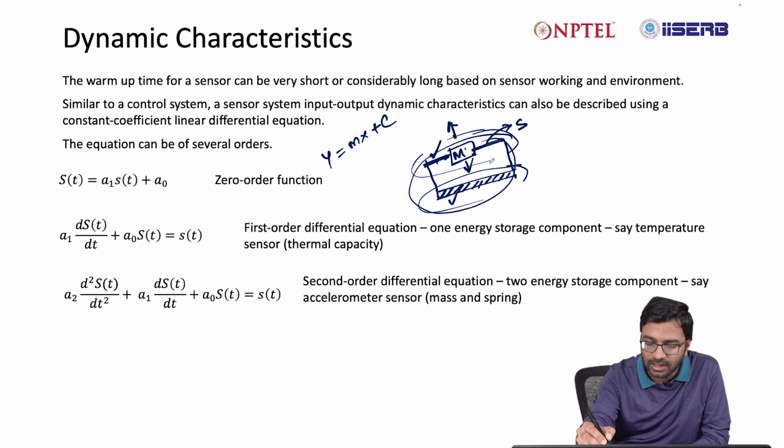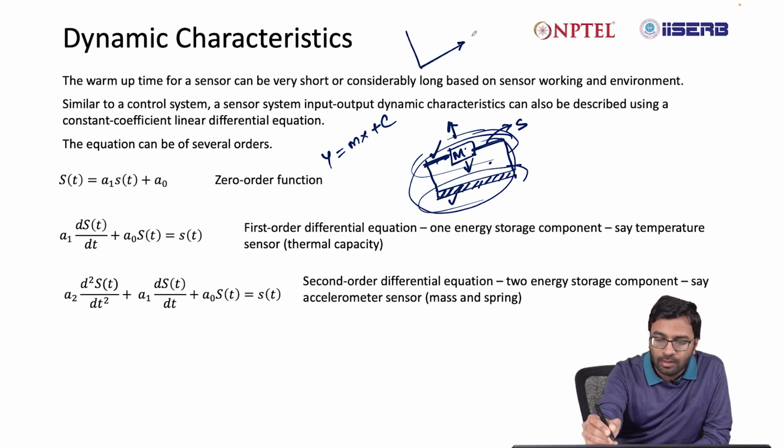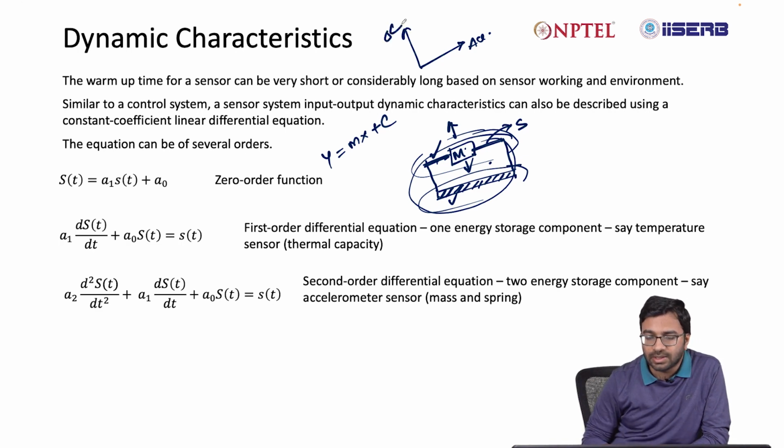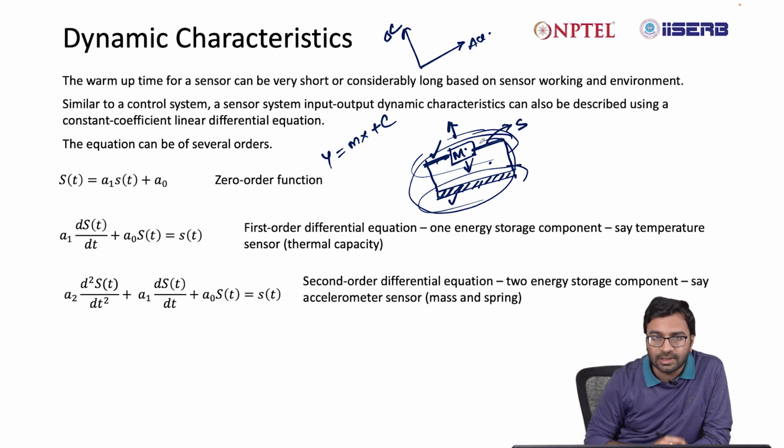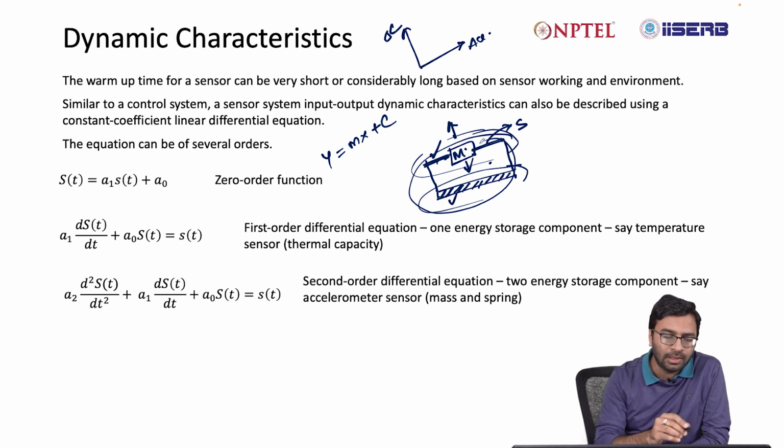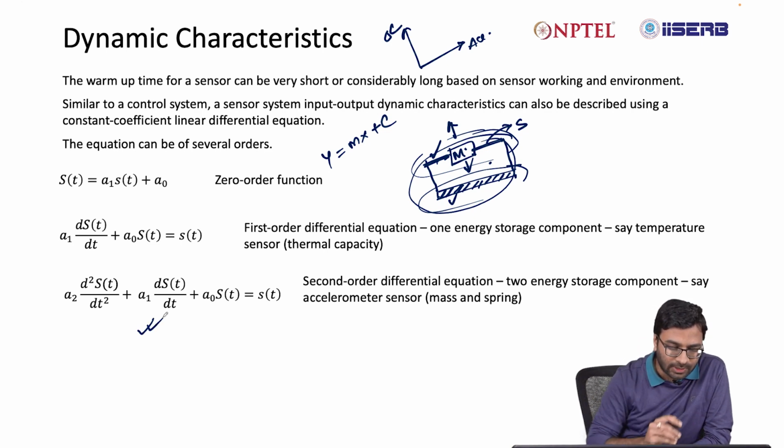Now this change in the capacitance can be calibrated with acceleration. So in this case, you have two storage systems, one is mass, another one is spring. So the dynamic characteristics of an accelerometer will be a second order equation.